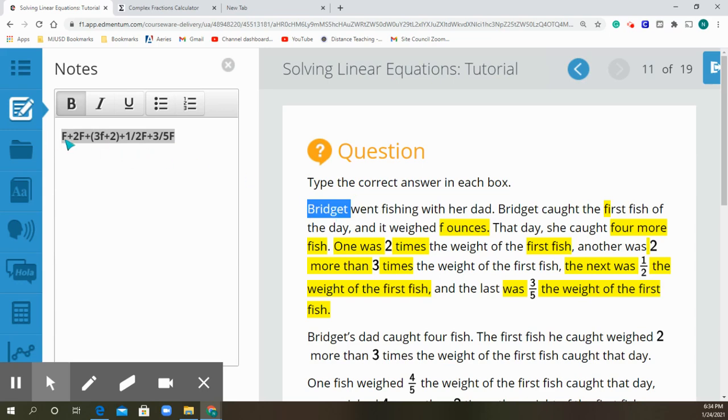That's Bridget's ounces of fish. Bam. That's her expression right there.